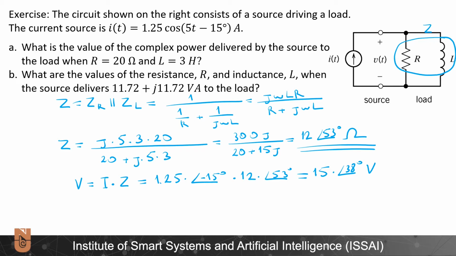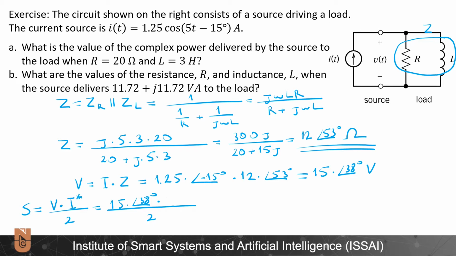After I find this voltage phasor, next I need to find the complex power, and we defined it previously as the V phasor times the I phasor conjugate, divided by 2. So V is 15 at 38 degrees, divided by 2, times I conjugate.